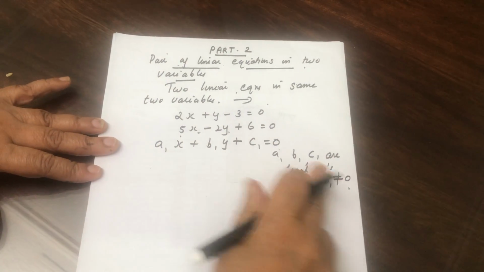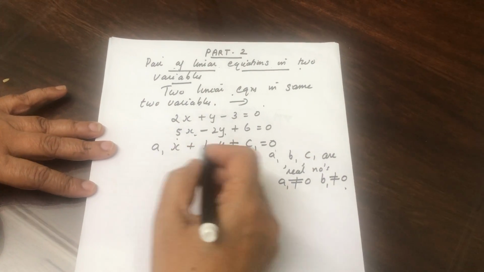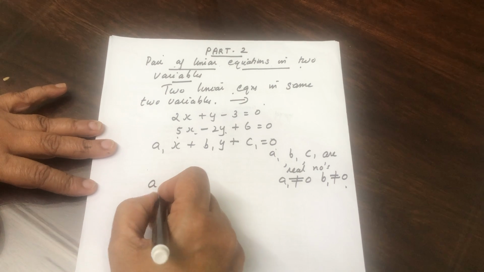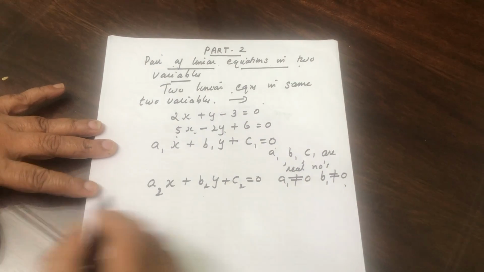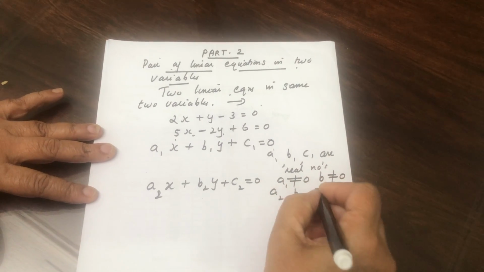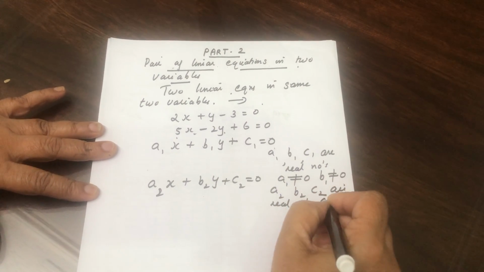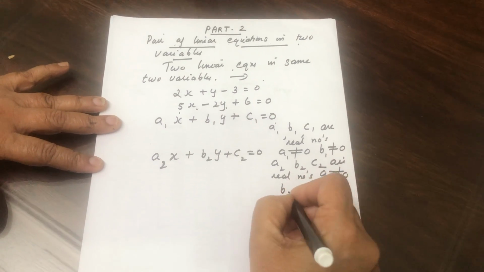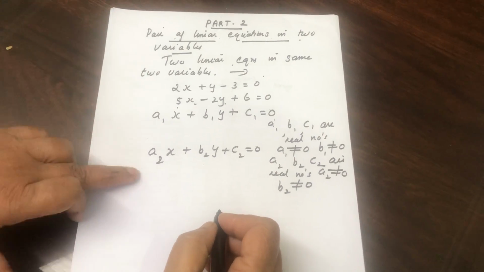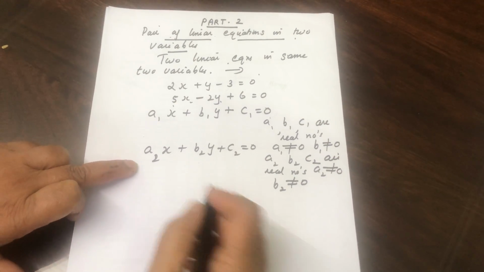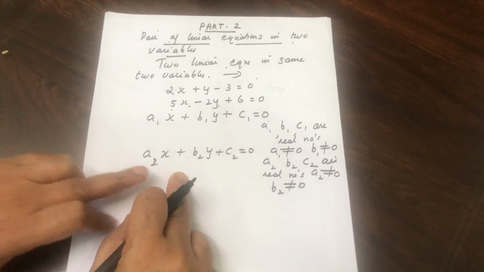And the next linear equation in two variables: a2x plus b2y plus c2 equal to 0. Here a2, b2, c2 are real numbers, a2 is not equal to 0, b2 is also not equal to 0. These are the general form of the linear equations. Both the variables are x and y, so they are called a pair of linear equations in two variables.